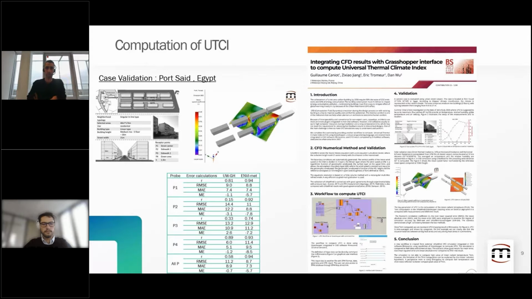And you have on the table the four probes. What we can see at the end is that we get the same order of error as ENVI-met, about 10 degrees difference at maximum. So the computation is looking good, and all you need is to import a plugin in Grasshopper, drag and drop, and call the four variables depending on the statistics you are looking at. It's as simple as that.